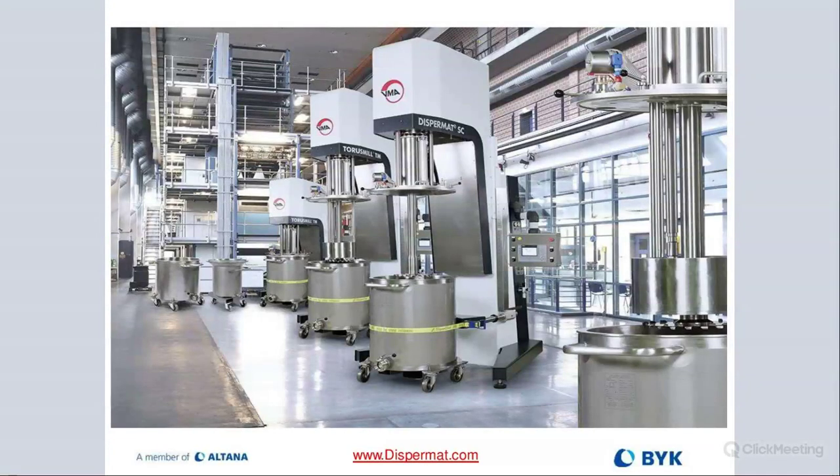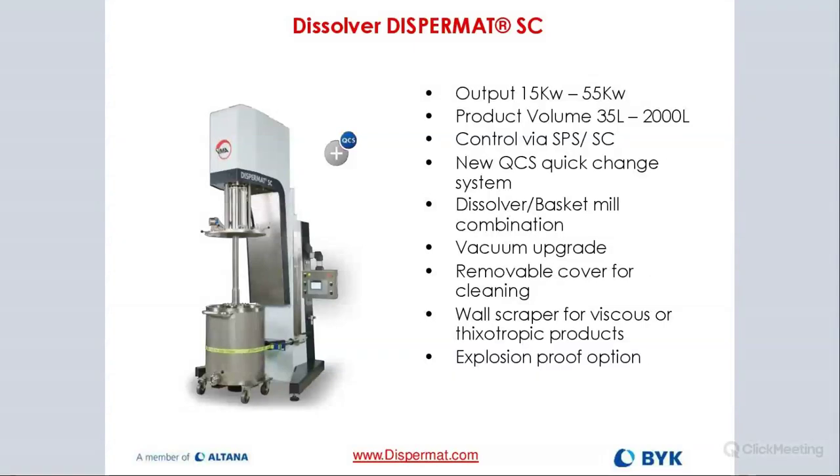It comes with a dissolver, but it also has a quick change system on top that will allow you to very quickly move over to a basket mill that you can see right in front, on the right. It's the same machine with the basket mill. Then you see it with the dissolver, then again with the basket mill. And in the back, it's the same machine, but it's closed. It's in operating mode, showing you what it would look like when the machine is actually running, dispersing or milling material. That's the beauty of the Dispersion line, the modularity, giving you the freedom to do many different things with one machine.